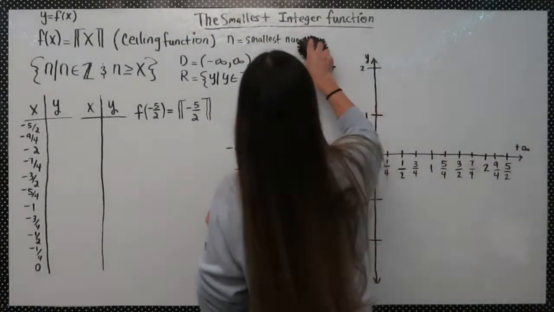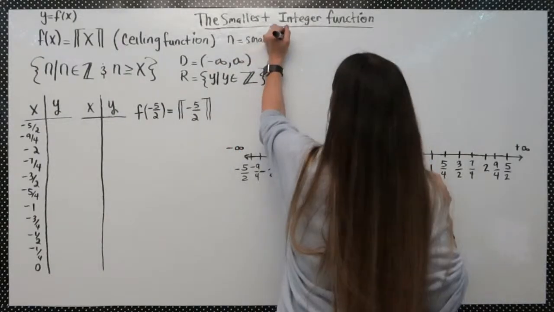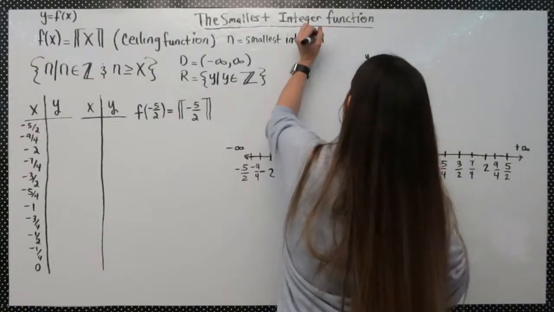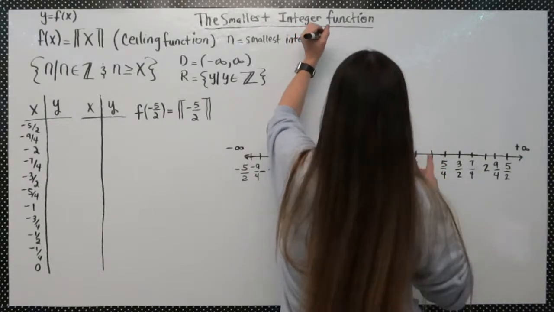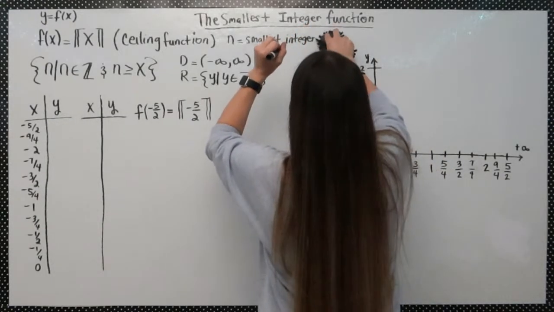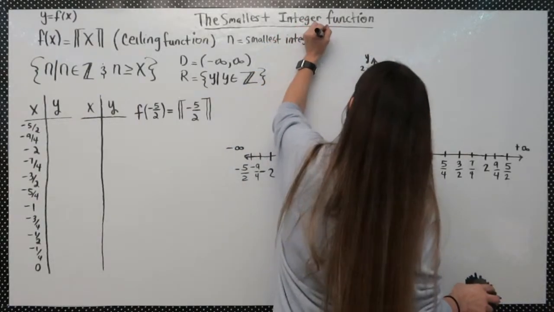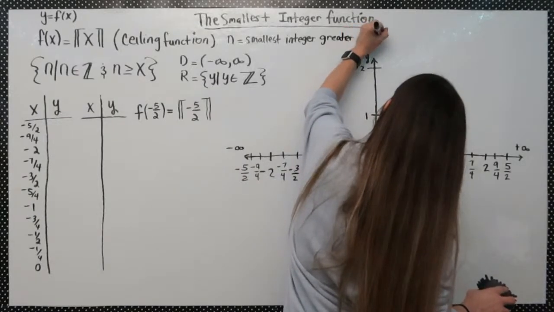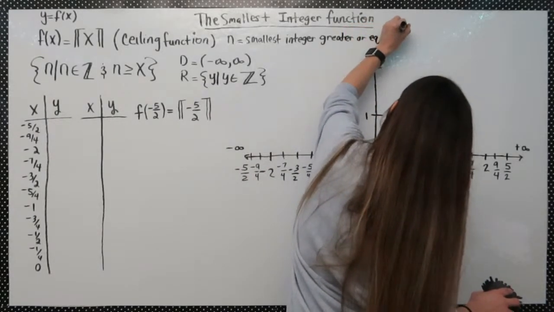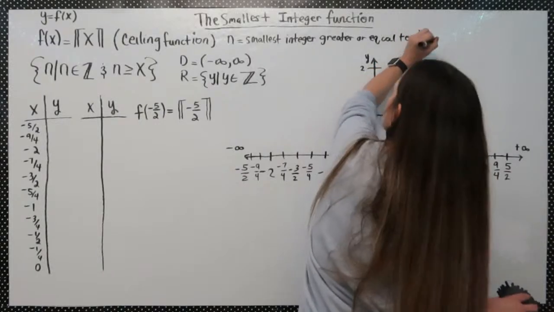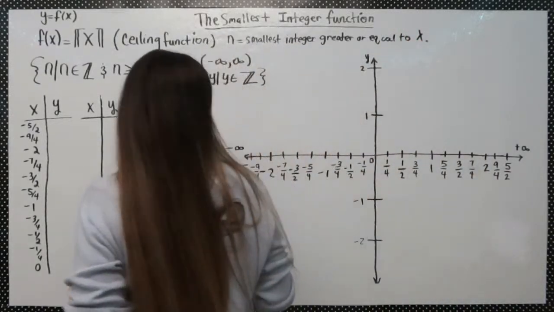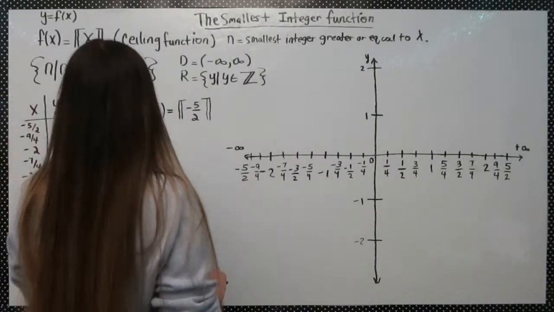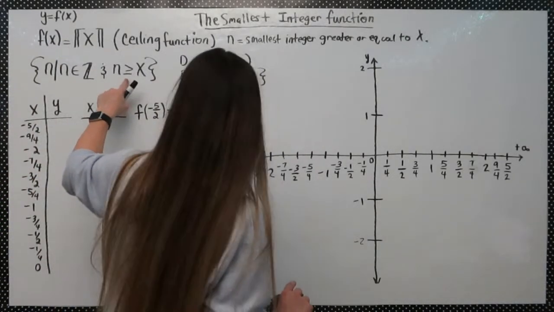It's an integer, the smallest integer that is greater than or equal to x. Okay. n equals the smallest integer greater than or equal to x. Okay, right here. And that's what that's saying.